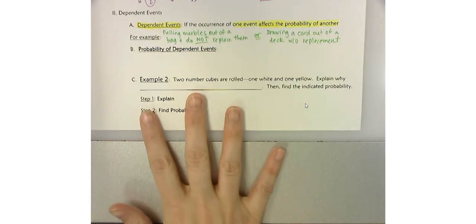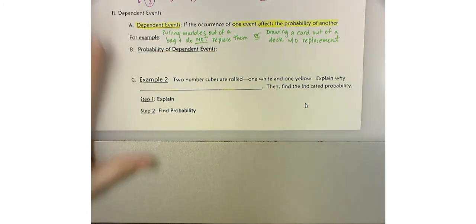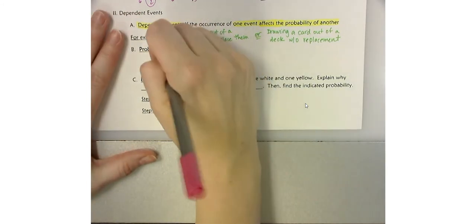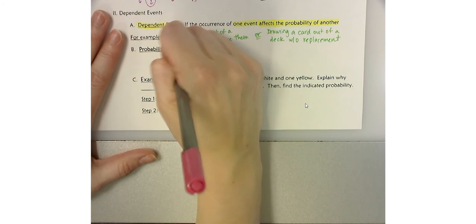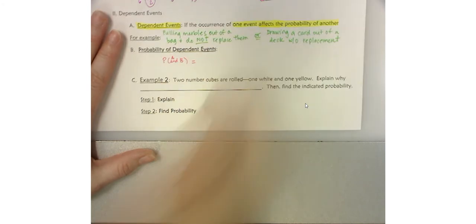So when you are finding the probability of dependent events, when you're finding the probability of A and B and they are dependent, the equation is the probability of A multiplied by the probability, and then this is going to be a different symbol.